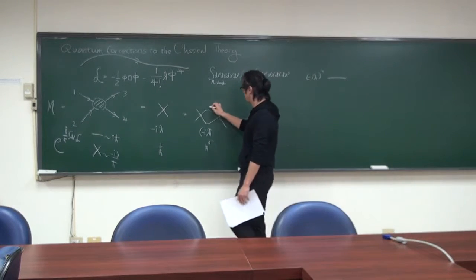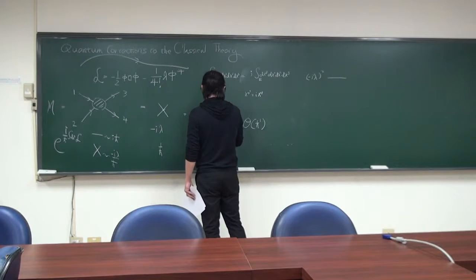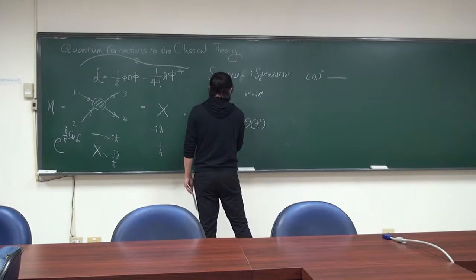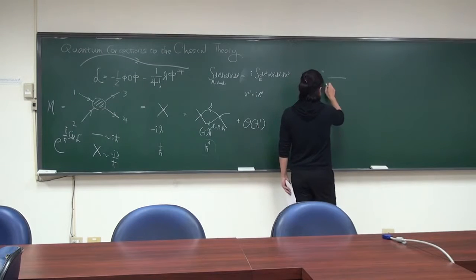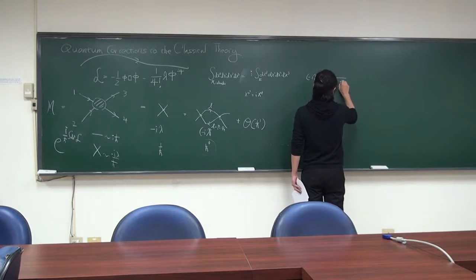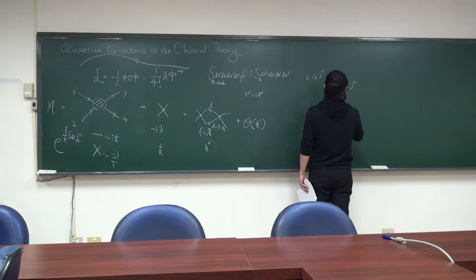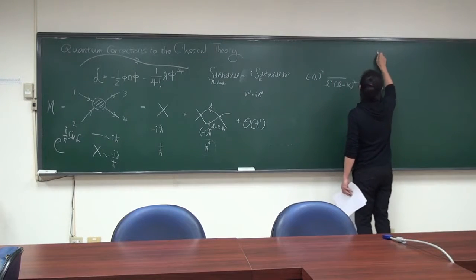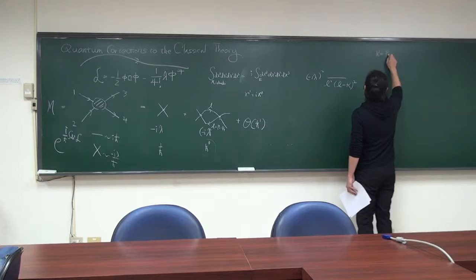Let me call this momentum l coming in, and this momentum l minus p3 minus p4. Or let me write this as l squared, and then l minus k squared, where k is defined as k equals p3 plus p4.